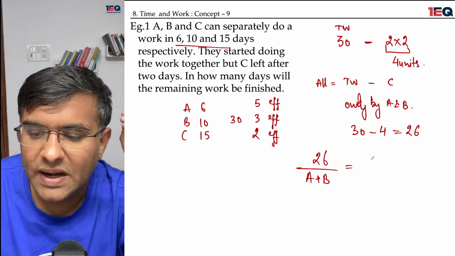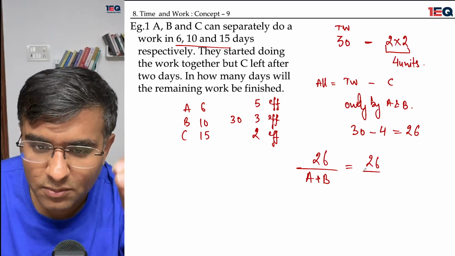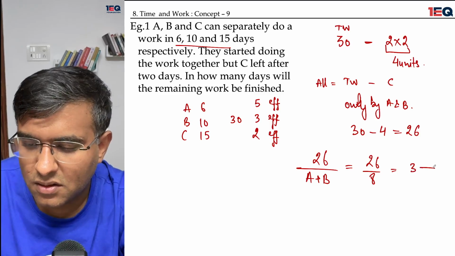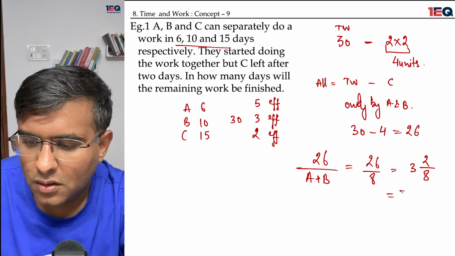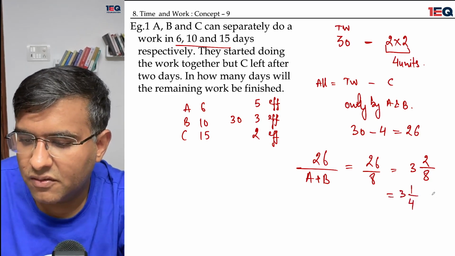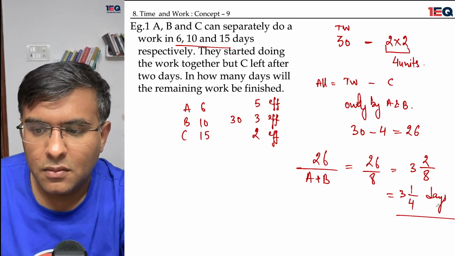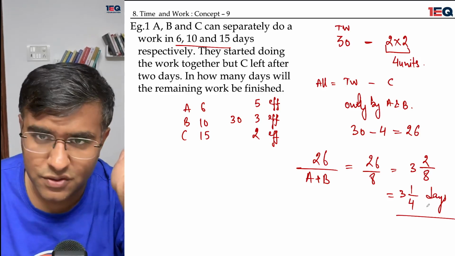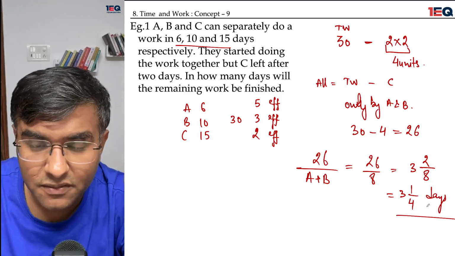So 26 would be divided by the efficiency of A and B, which is nothing but 5 plus 3, which is equal to 8. So this gives me 3 2 by 8 or 3 1 by 4 days. This is the way in which the remaining work would be finished off. Okay, I hope I've made myself very clear with this.